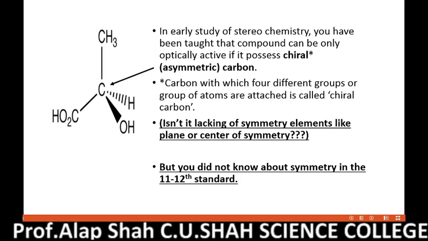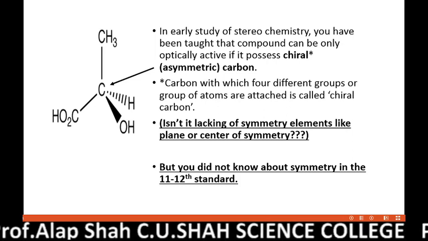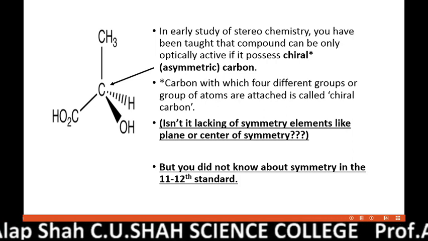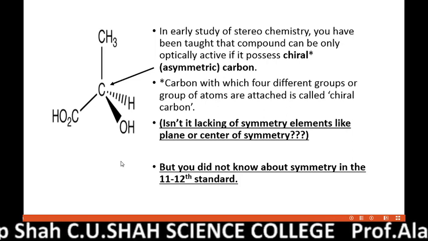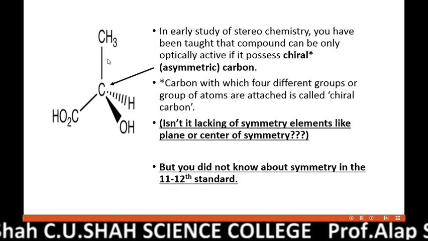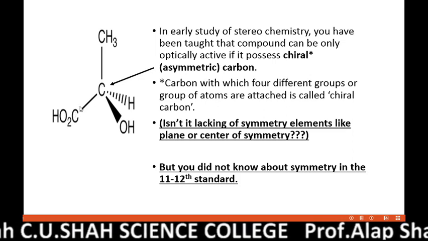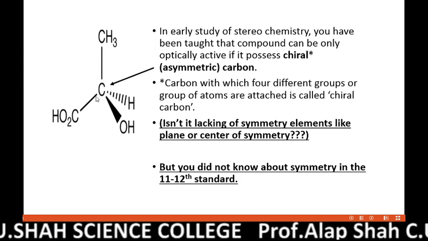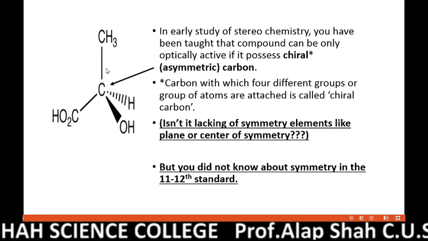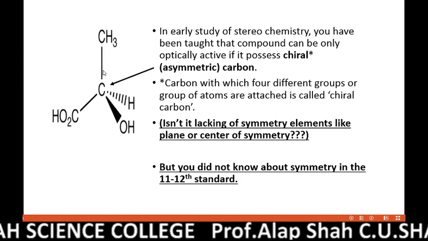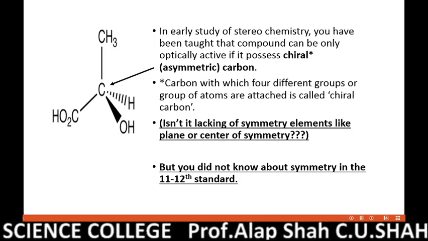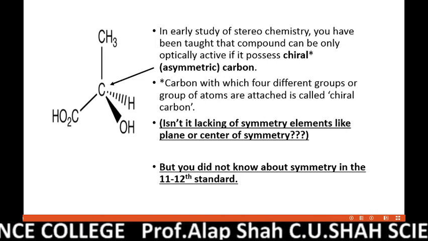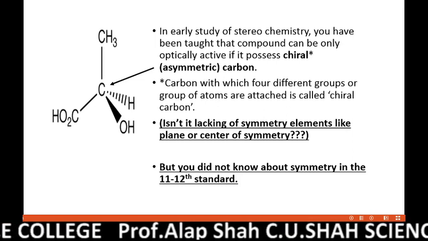and hydrogen are attached. You should also know the three different types of bonds written in this figure. You can see that the carbon-methyl and carbon-COOH bonds, these two bonds, are written with a continuous line. You can see here where my cursor is moving. Such bonds are always considered as part of the plane of a paper or a plane of a screen.